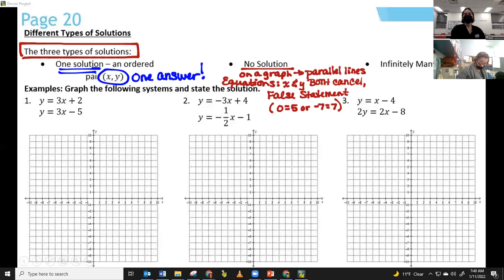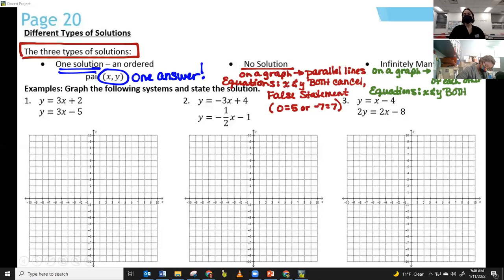Infinitely many solutions. If I'm looking at that on a graph, the lines are on top of each other. With an equation, you're going to see X and Y both cancel out again. Let me write that down. They both cancel.